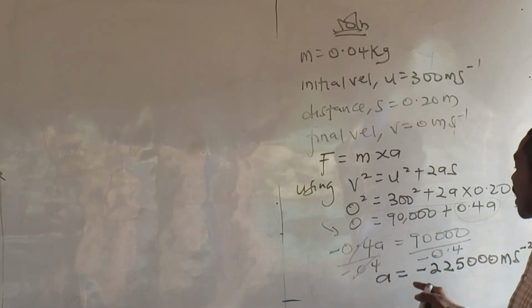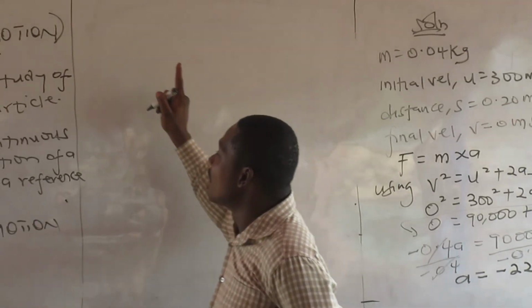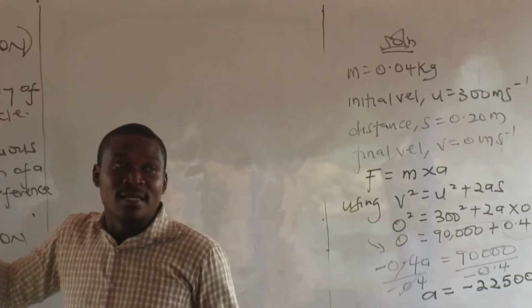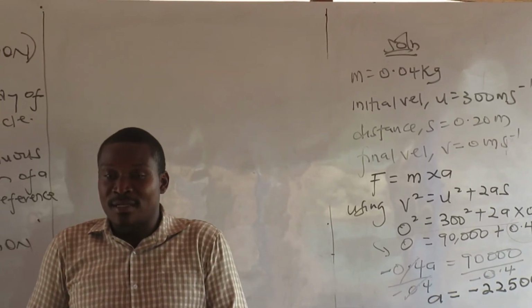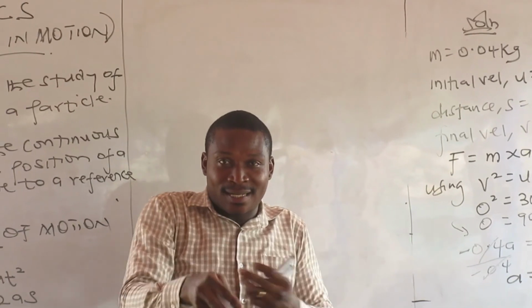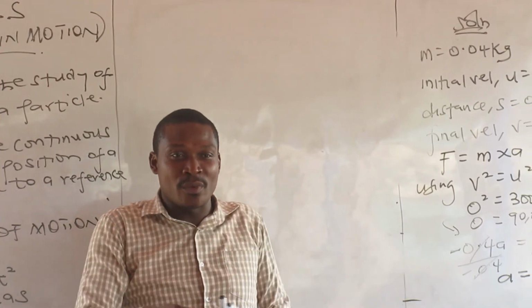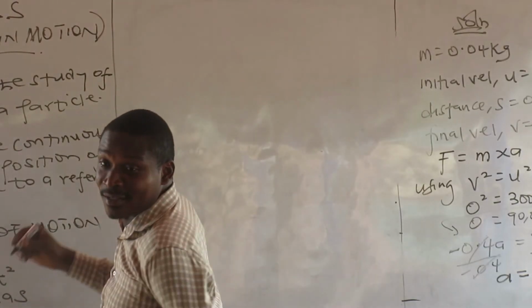Now what is the significance of this negative? Over here, you see, the negative tells us that the bullet is in opposite direction to the movement of the gun. When the bullet went this way, the gun butt also moved back. That is the meaning of the negative. That is what we call gun recoil or recoil velocity.